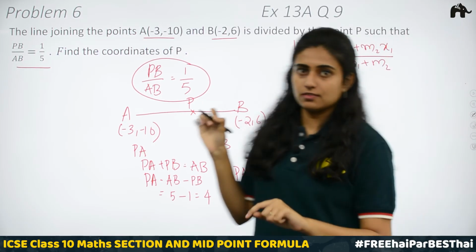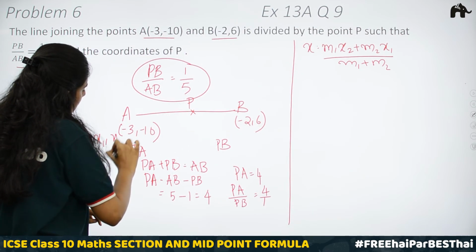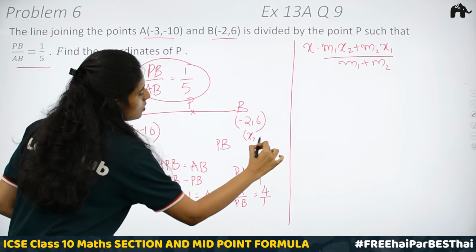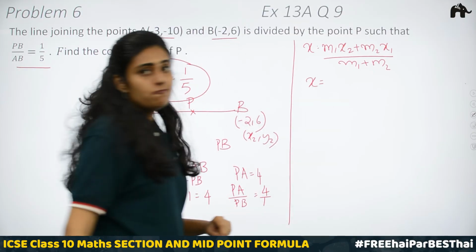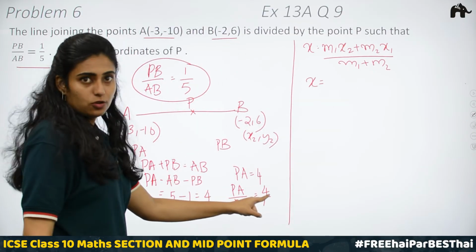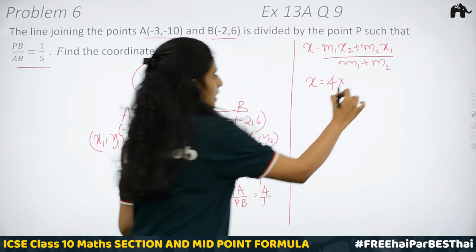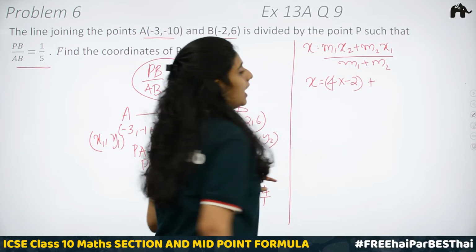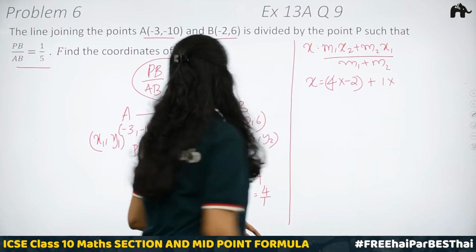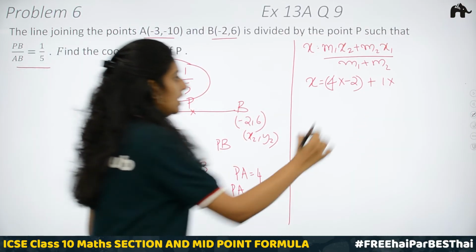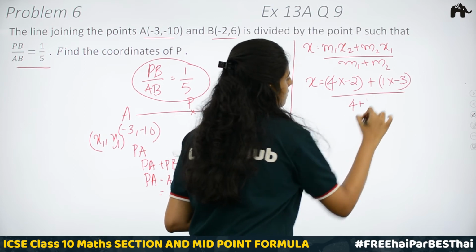Put the values here. We have X1, Y1 and this is our X2, Y2. X is equal to M1 X2. M1 is 4 into X2 is equal to minus 2, plus M2 X1. M2 is equal to 1, X1 is equal to minus 3, divided by M1 plus M2, 4 plus 1.